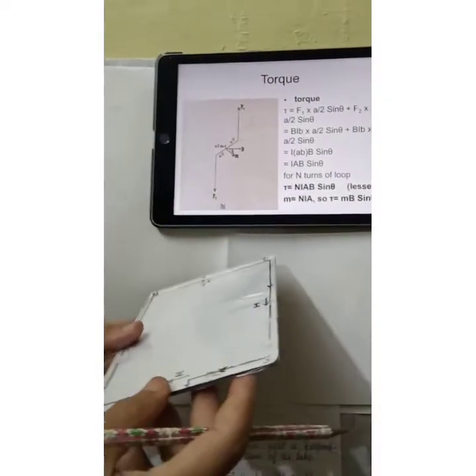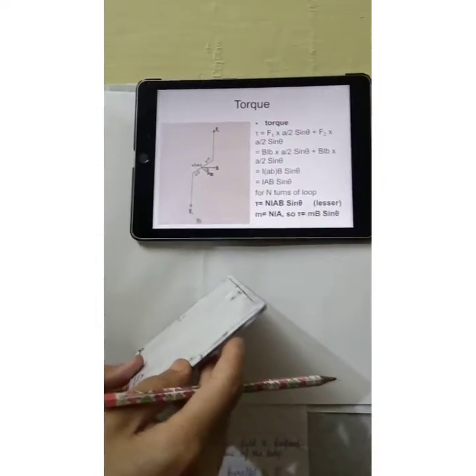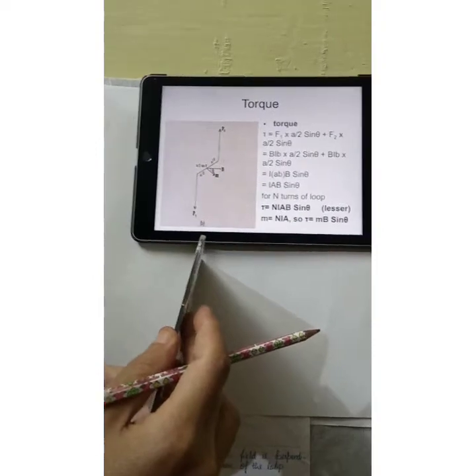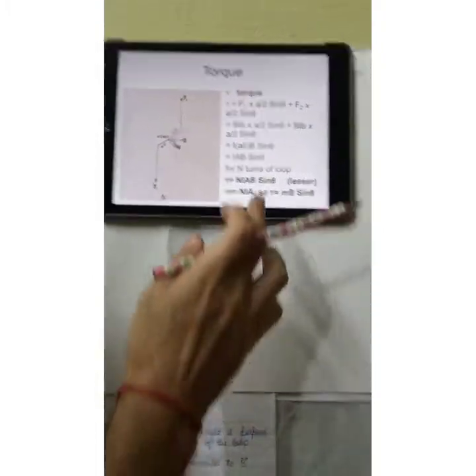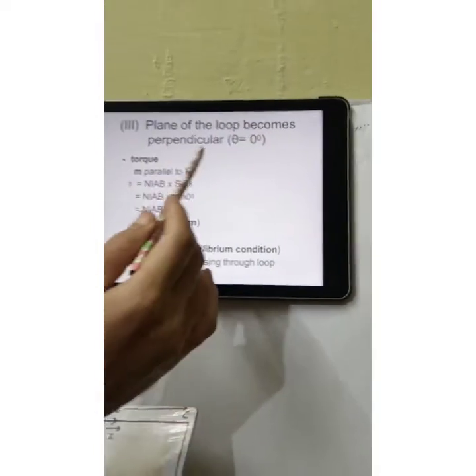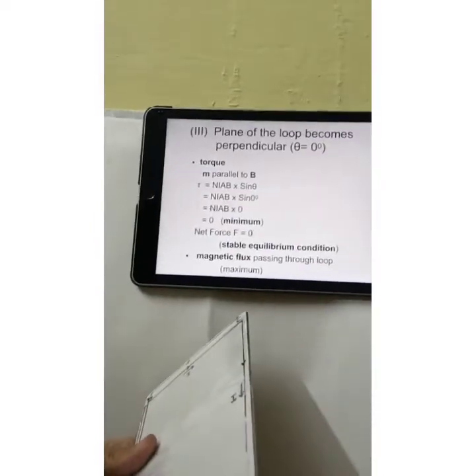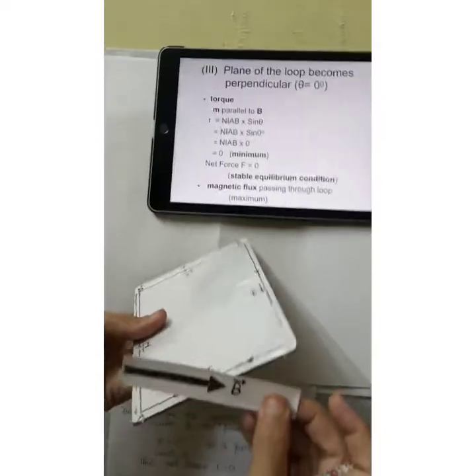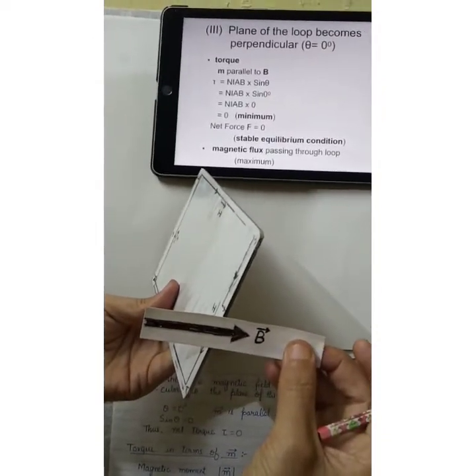What happens when the orientation becomes 90 degrees? The plane of the loop becomes perpendicular. What happens then? This is the magnetic field. The loop becomes perpendicular to the magnetic field.